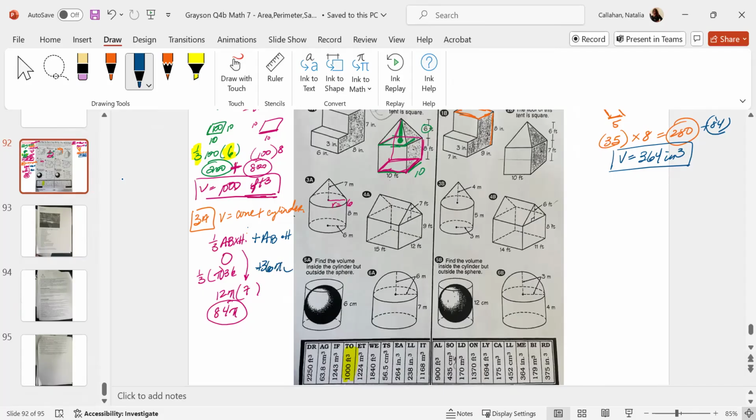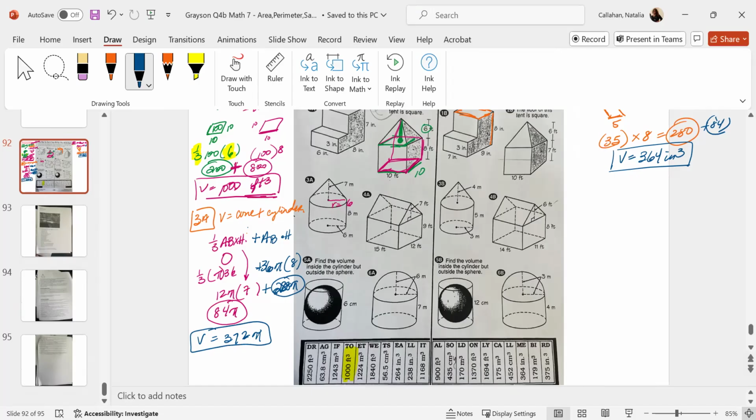What's the height for the cylinder? 8. It's not 7, it's 8. So 36 times 8. Add the two together. That's how you find the volume.